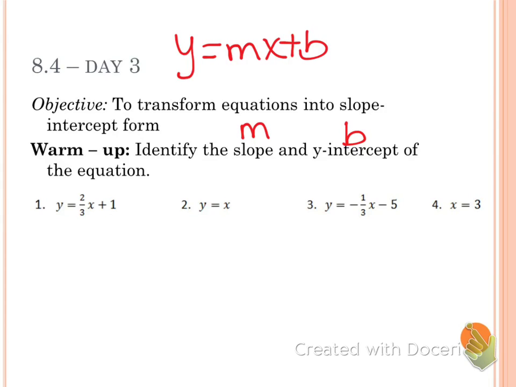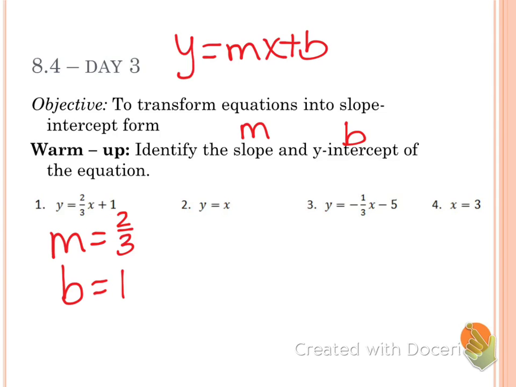All right. So let's look at number 1. We want to know our slope, or our m, and our y-intercept, the b. Who can tell me what those are? Natalie? Good. And what about b? Wonderful. Slope is 2/3. Our y-intercept is 1.